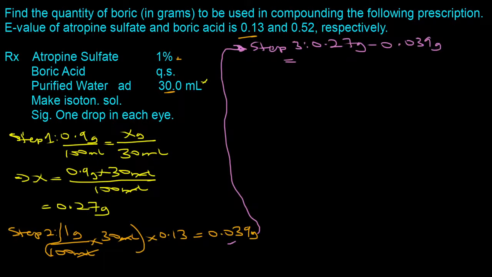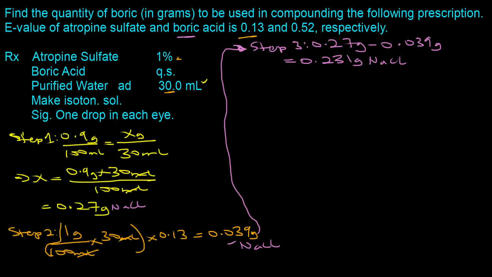This is going to be equal to 0.231 grams according to my calculator. At this point, everything is in sodium chloride, just for clarity. But we need to use boric acid to adjust the tonicity. So that's where step 4 comes into the picture.